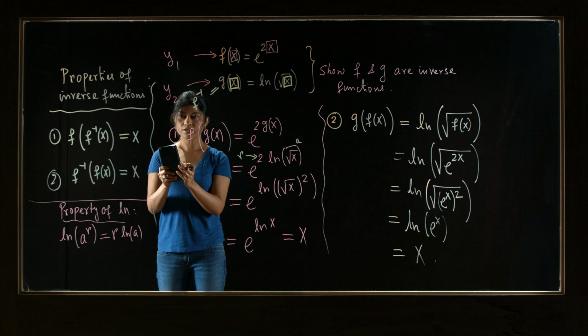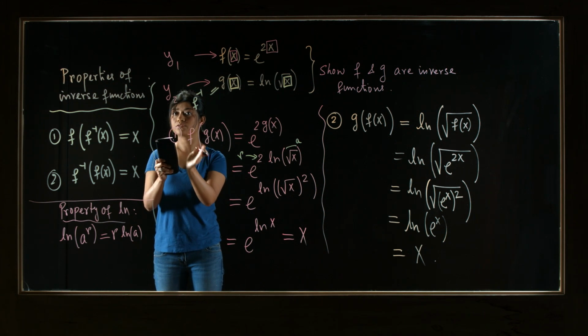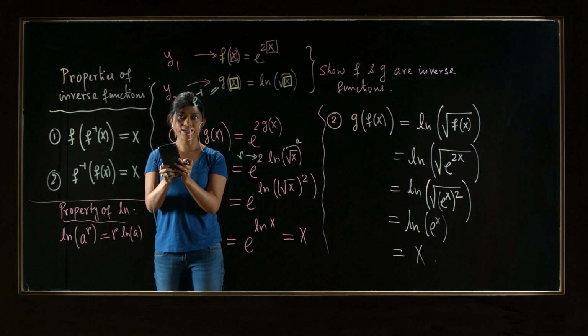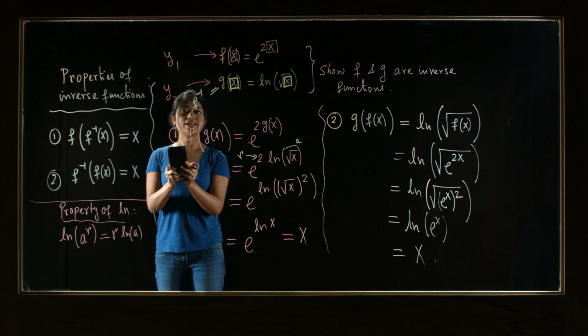You notice that the function above the x-axis is your exponential function, and the function to the right side of the y-axis is your natural log function. They look like they're inverse to each other. Now, recall, how do we know graphically that two functions are inverse to each other? If they are mirror images of each other, where the mirror is the line y equals x.